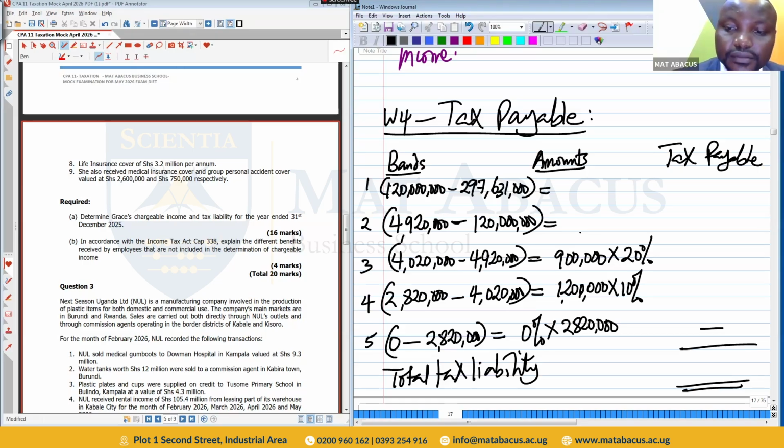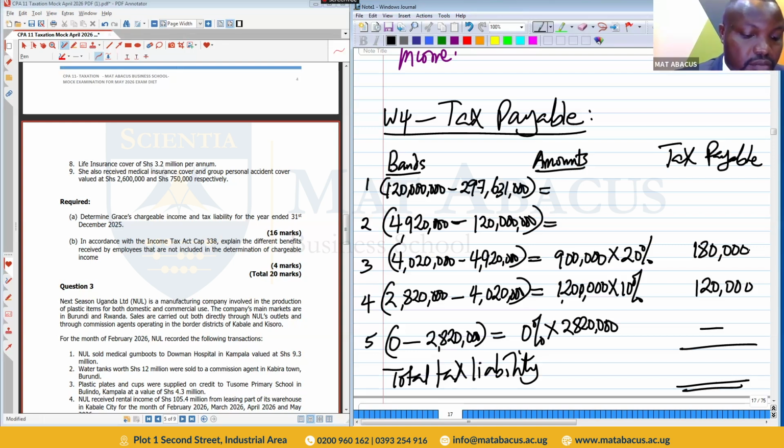Shall get the tax there. Times 0.2. This will give you 180,000 tax. And this one will give you 120,000 tax.